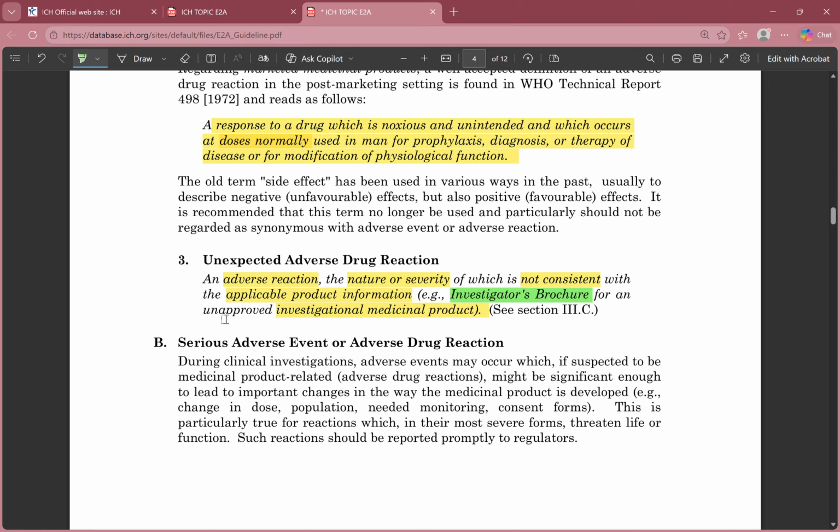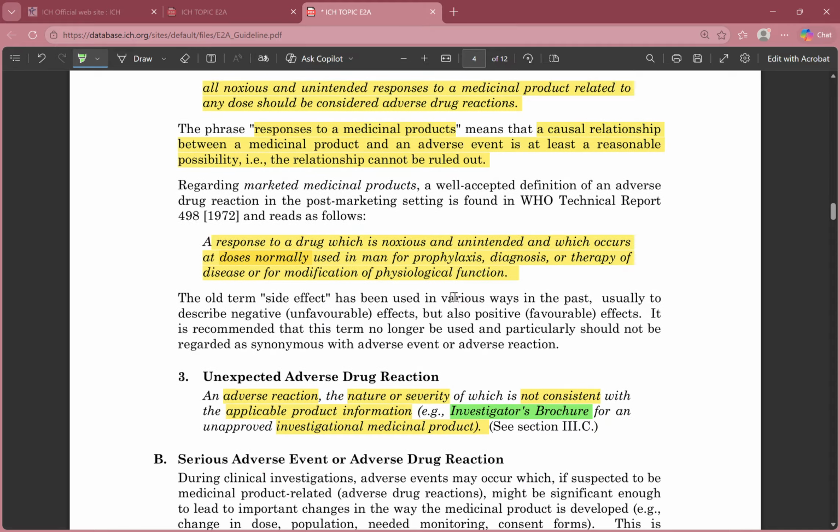And this is for the unapproved investigational medicinal product. When we talk about this term in regard to marketed products, there is a difference in the document that we check, and also a separate term which is used for marketed products. So let me summarize all of the things that we discussed.